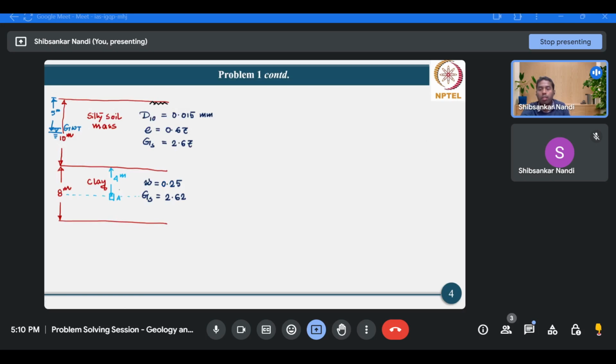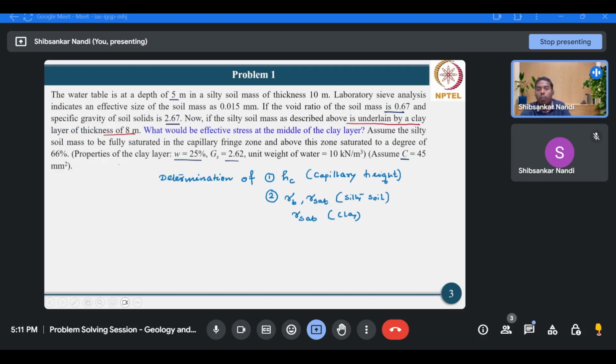If we visualize the problem statement, then this is the water table. Therefore, below the water table, this half of the silty soil mass and the full clay layer will be fully saturated. Therefore, for clay, we only need to calculate the gamma saturated.